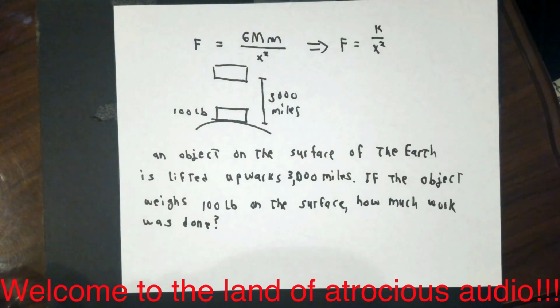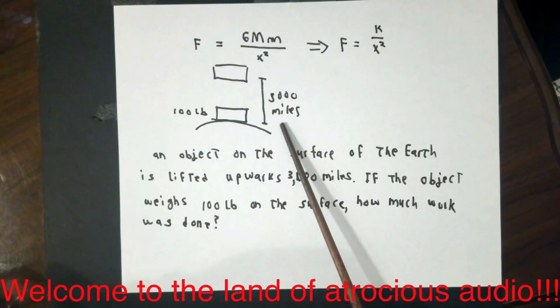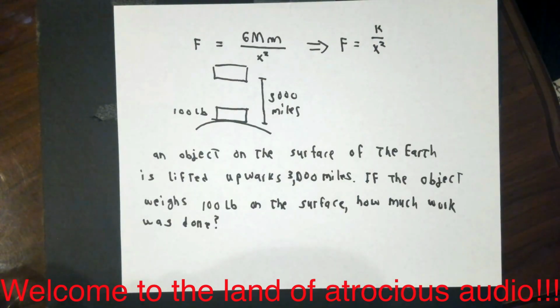If I do the calculations using this information, my work will come out in mile pounds. That's kind of a strange unit of measurement, but since we know that there are 5,280 feet in a mile, we'll be able to convert that into feet easily enough.